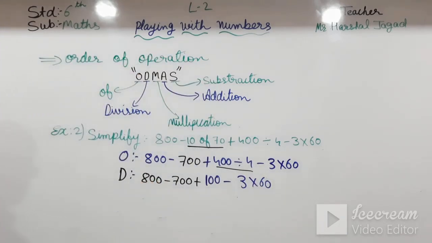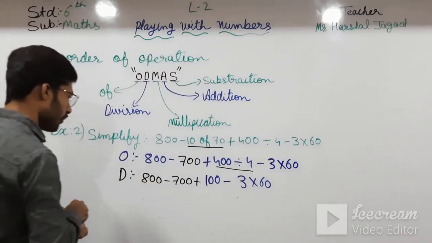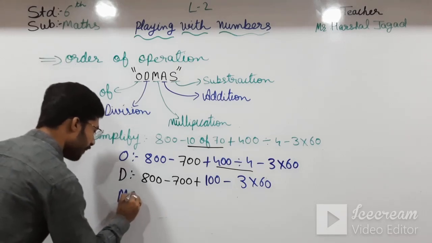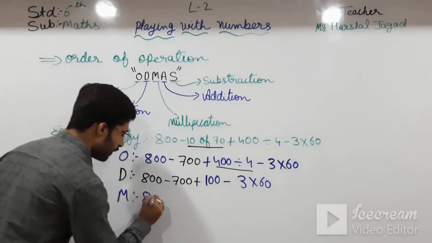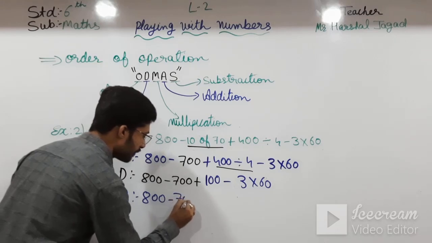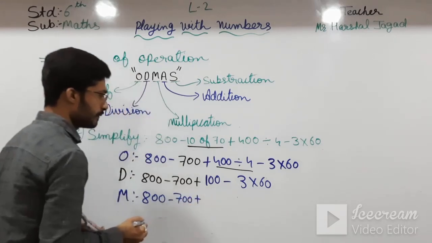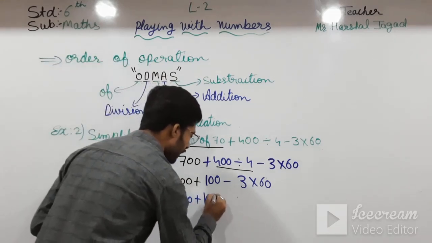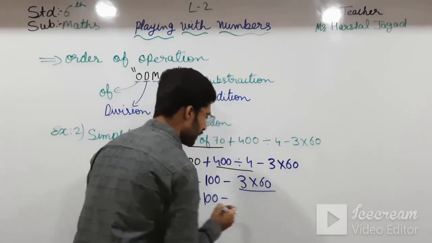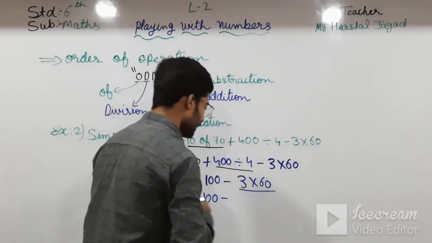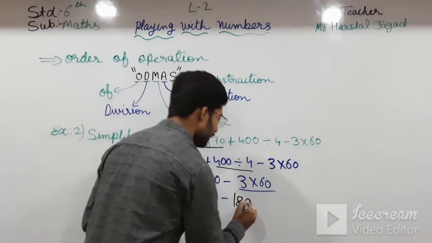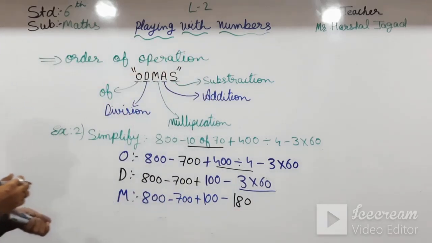Okay students, now what we have to do? We have to do M, that is multiplication plus 100 minus, this will be M, that is 180. Okay students, that is 180.